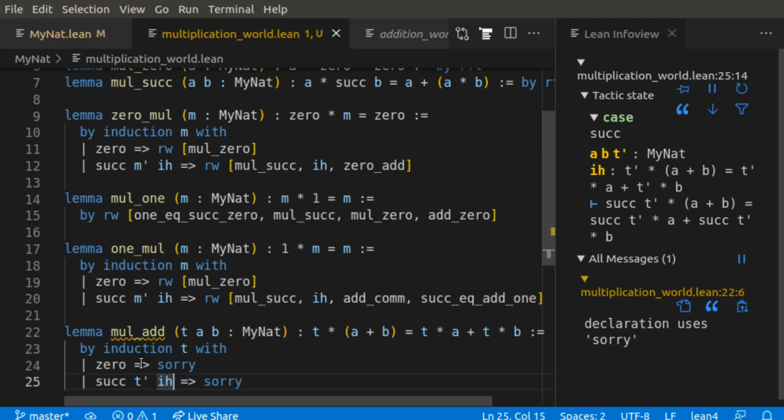Okay, so our inductive hypothesis is T prime. Oh, we have a bunch of successors. Successor of T prime times (A plus B). Well, we don't really have successor on the left usually. But we do have successor is something plus 1, so maybe we can use that.